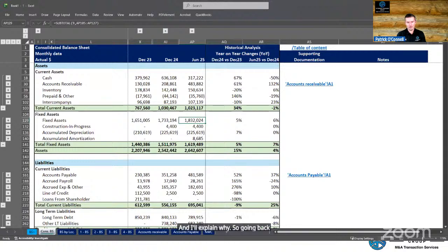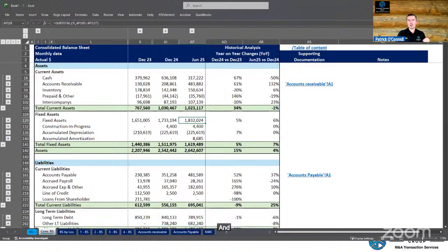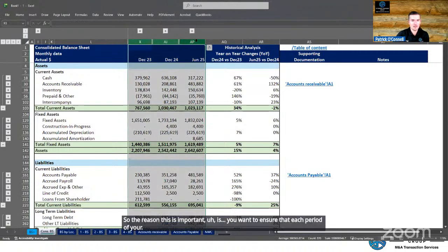So, going back to the example, the company capitalized $50,000 of computers and other equipment rather than expensing. So their net income in year-to-date 2025 was $50,000 higher simply because they changed the capitalization policy and they did not record those items as an expense, which is what they typically would have done in the prior periods. So the reason this is important is you want to ensure that each period of your analysis is consistent.